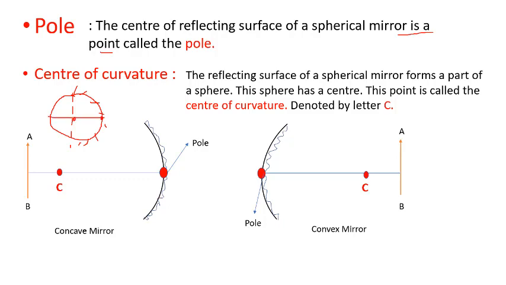So this is the C, which is known as the center of curvature.